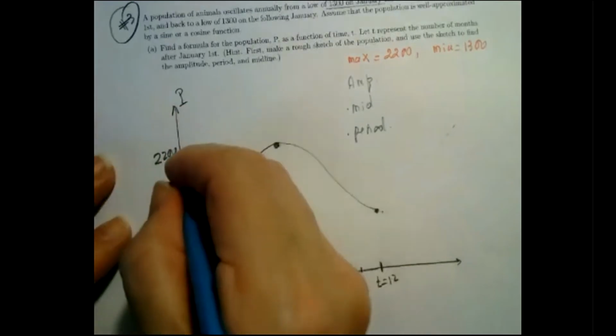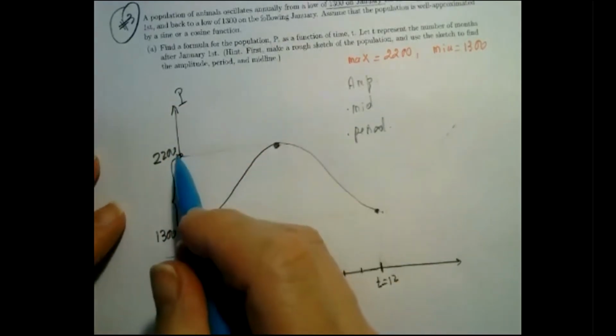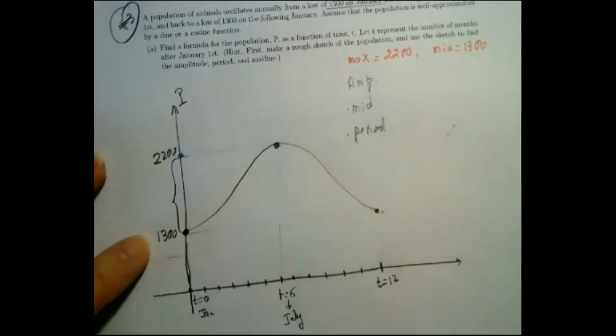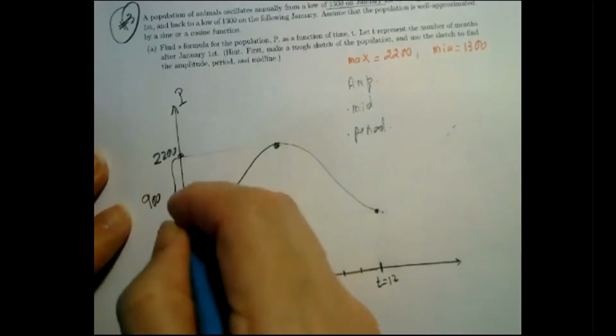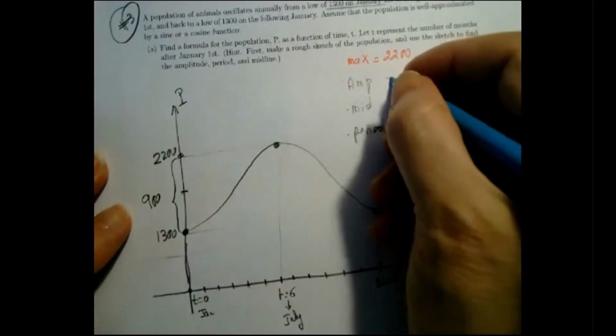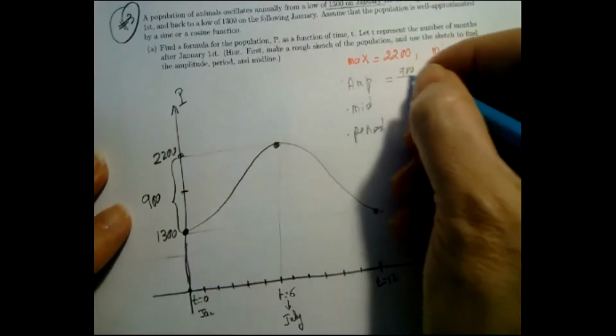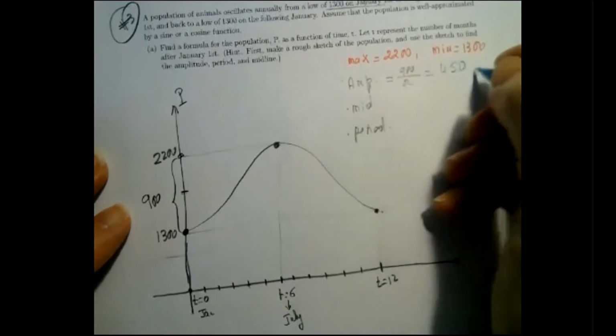So exactly, everybody is telling me. From here to here, the difference between them is 900, or you can use the formula. So halfway through, we are at 450. So the amplitude is 900 divided by 2. The amplitude is 450.